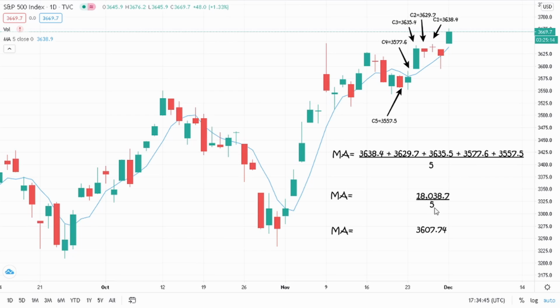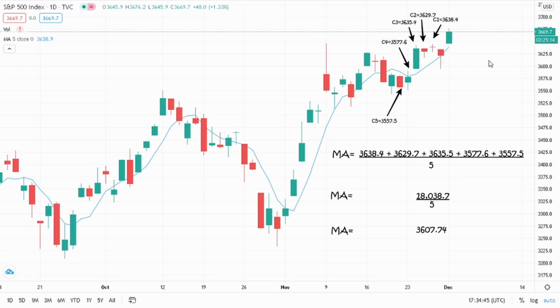And then we're going to divide that by 5. Once again, we're dividing by 5 because we're using 5 price periods. And the final value, the final product, is $3,607.74, and that is the moving average for November the 27th.